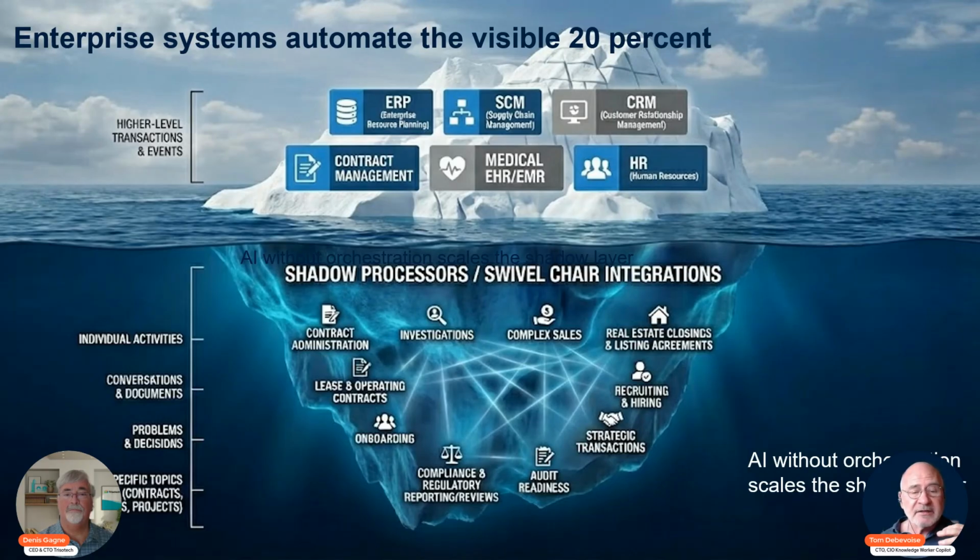That is really manual tasks, swivel chair integration, contract administration, complex sales, any type of process that requires a lot of expertise, understanding, knowledge and context in order to execute it.